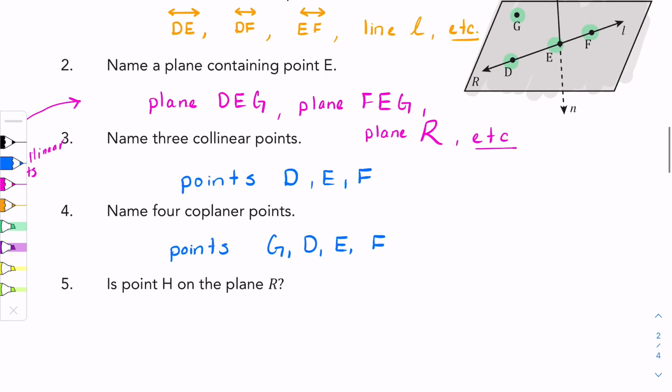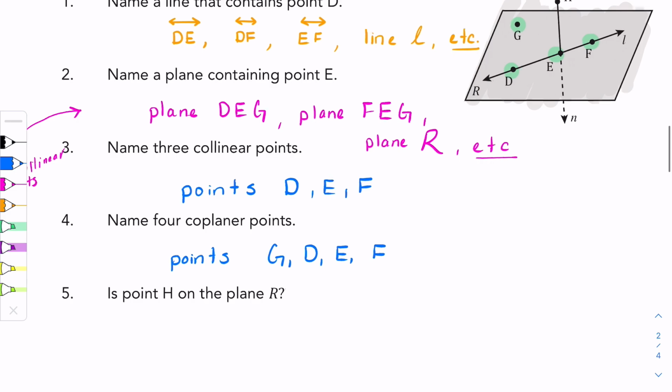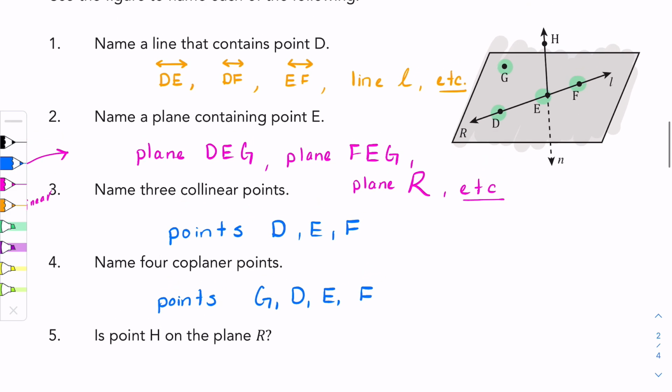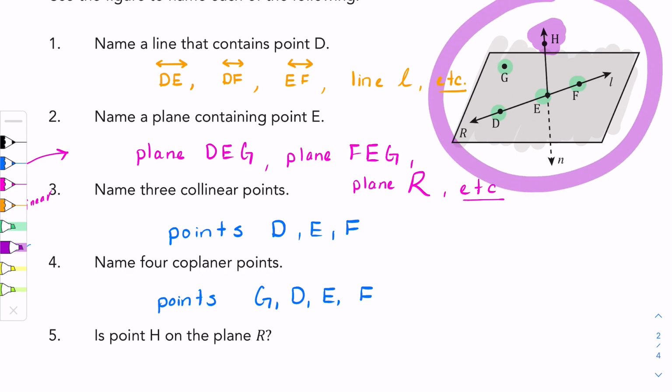And for number 5, the question asks, is point H on plane R? Here's point H. Point H to me looks like it is above plane R. So if you were thinking about this plane, like in your head, you were trying to visualize it. Visualize a piece of paper that you stick your pencil through.